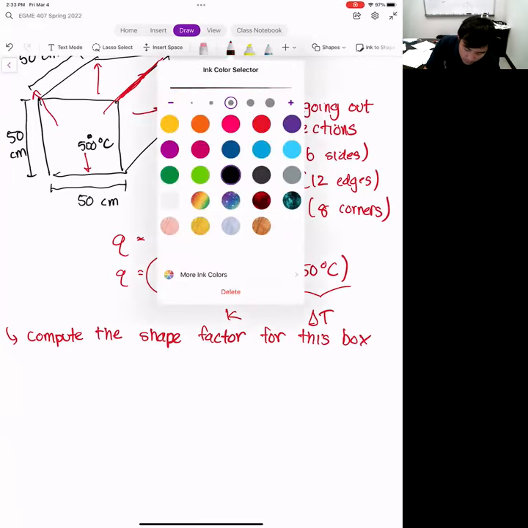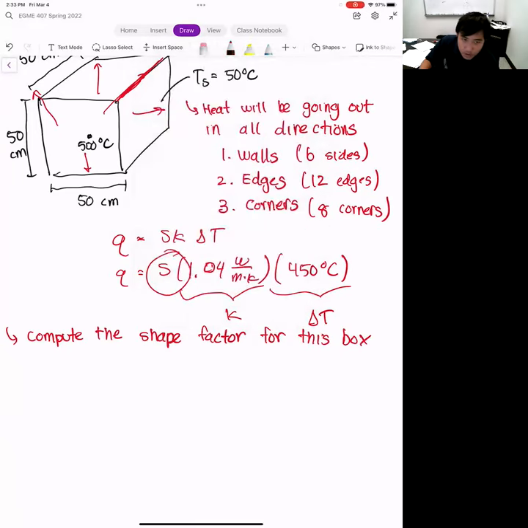So I broke this down into the different types of geometries on purpose, because that's going to allow us to compute each of the shape factors individually. The walls are going to have a certain shape factor, the edges are going to have a certain shape factor, and the corners are going to have a certain shape factor as well. So we're going to compute all of them individually, multiply by how many of these we have in the system, and then just add them up at the end.